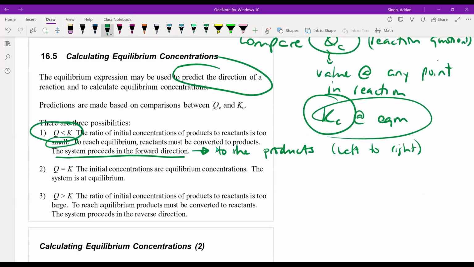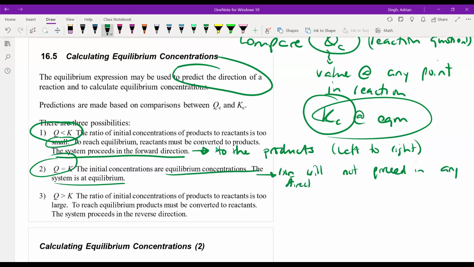If Q is equal to K, then that means the system is at equilibrium and the reaction is not going to proceed in any one direction. Okay, so the reaction will not proceed in any direction, left or right, towards the products or reactants, towards the forward direction or the reverse reaction, because we are already at equilibrium.